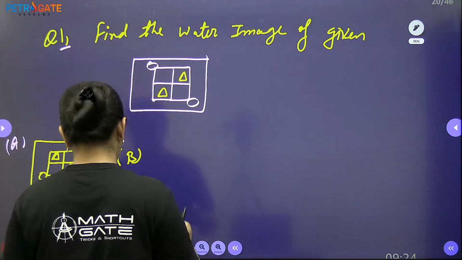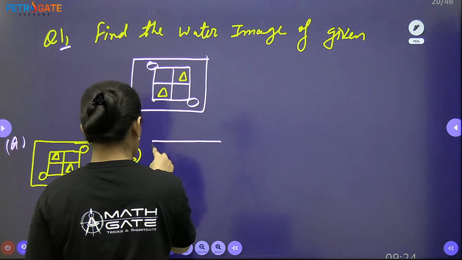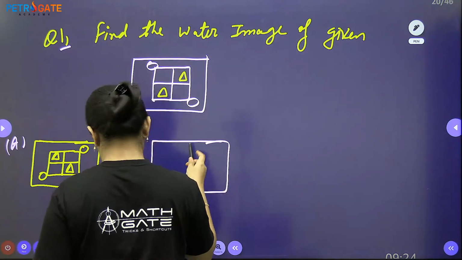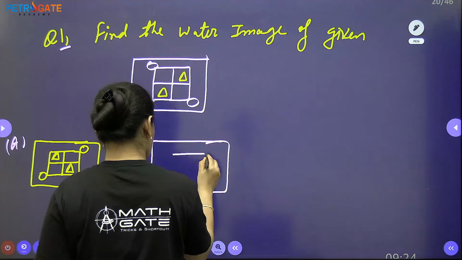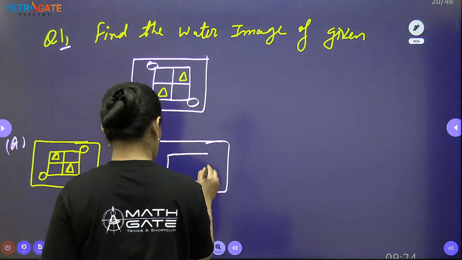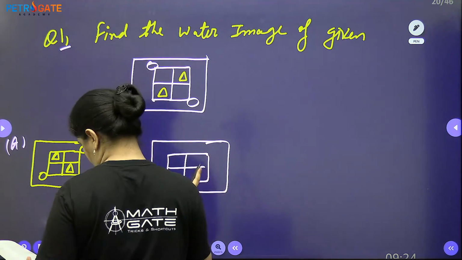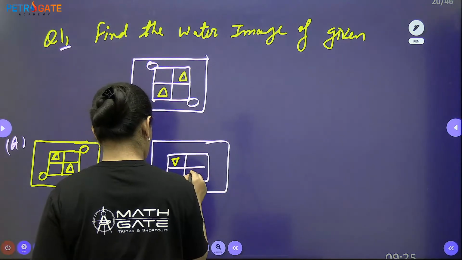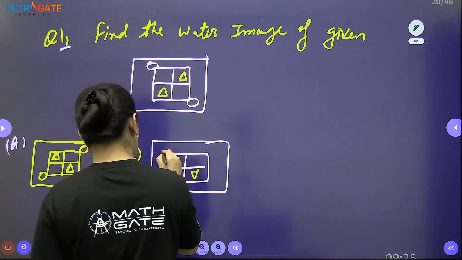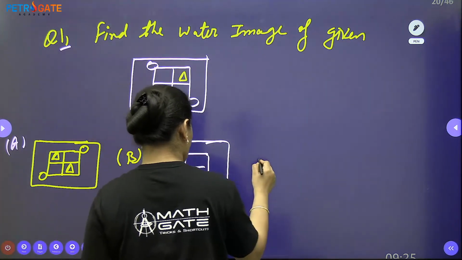When we go for option number B, let me use a different color now. So when we go for this, it looks like this one, and 0, 0.